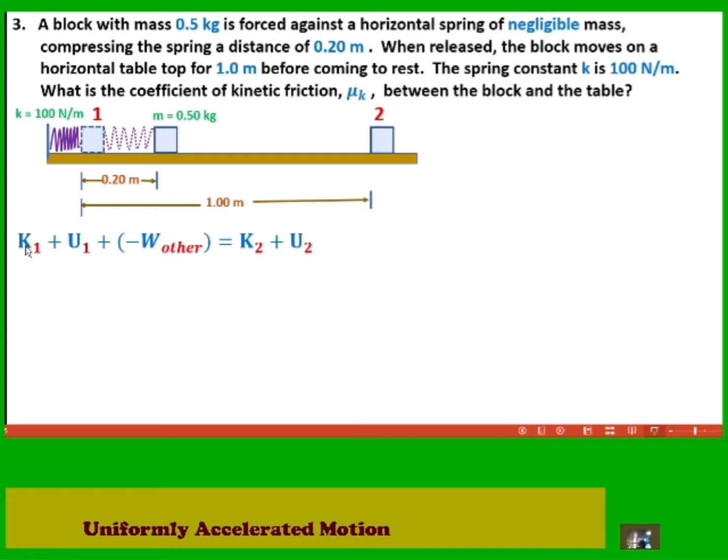At point 1, its kinetic energy is 0 since it is at rest. Its elastic potential energy is 1/2 k x squared. Then the other work, which is negative, is force times distance. At point 2, the block is at rest, so it is 0, and its height at point 2 is 0. So the value of kinetic energy and potential energy at point 2 is 0.